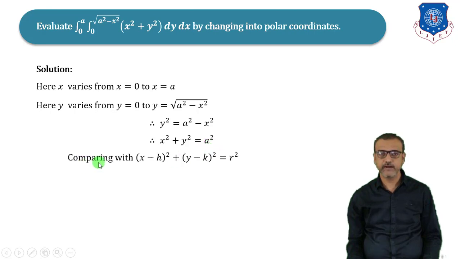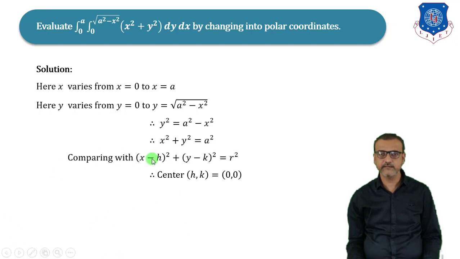Now comparing this equation with (x minus h) the whole square plus (y minus k) the whole square equals r square, the center is (h, k), and that is (0, 0) in this case, because x square is nothing but (x minus 0) the whole square and y square is nothing but (y minus 0) the whole square.